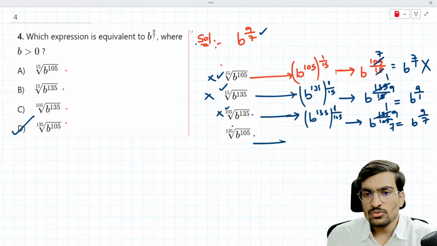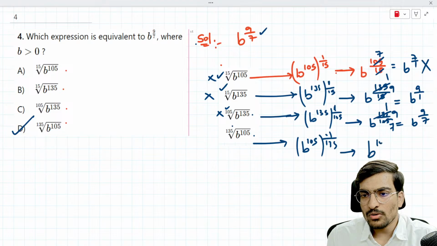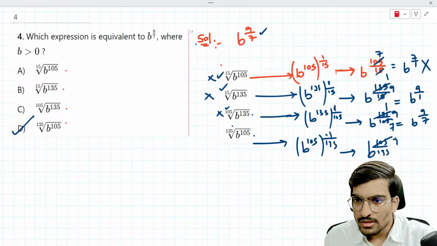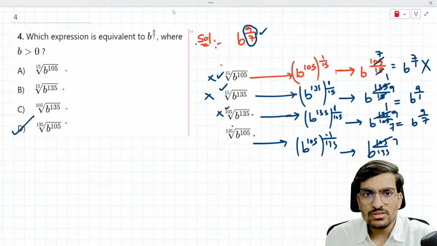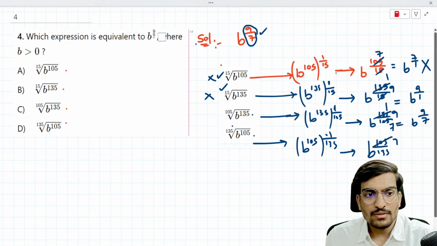So if we do it for D, it's going to be b raised to the power of 105, whole raised to the power of 1 by 135, that equals b raised to the power of 105 by 135, that's 7 by 9. Oh, we need 9 by 7, not 7 by 9. So it's option C. I made a mistake, I didn't see that, I thought it was 7 by 9.